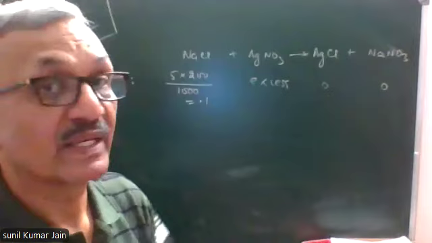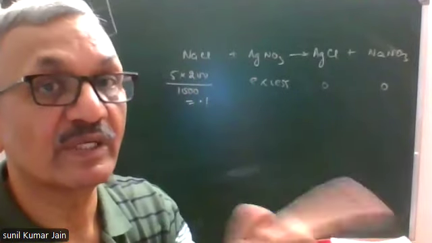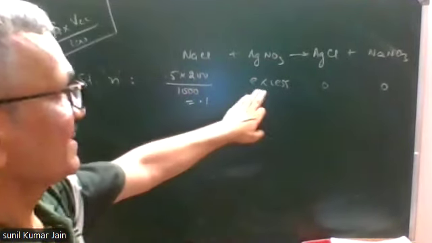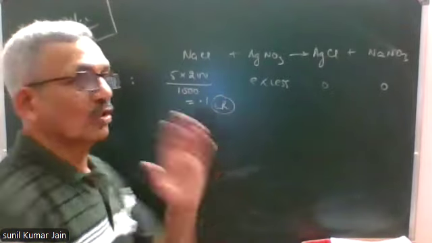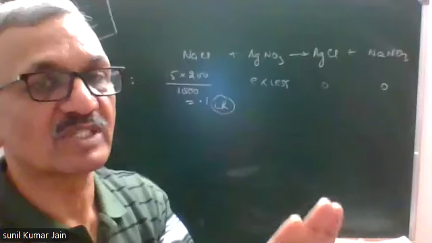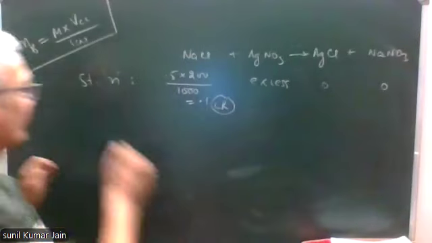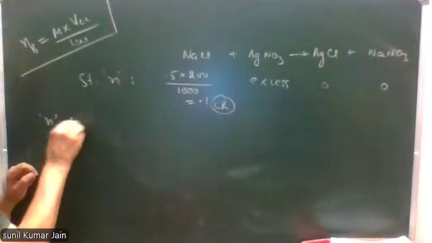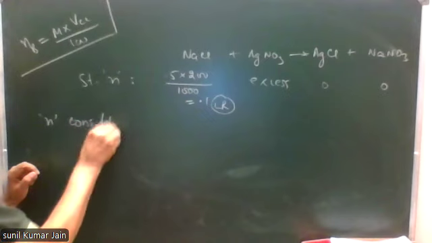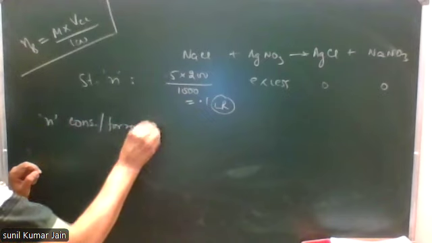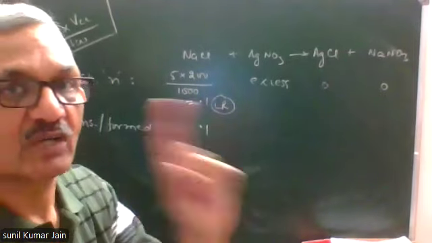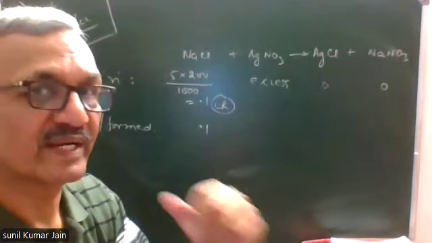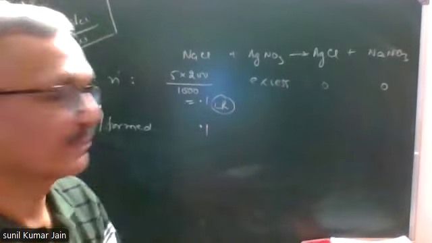Last time I told you about limiting reagent. Since AgNO3 is in excess, NaCl is the limiting reagent. So all calculations will be based on sodium chloride. Number of moles consumed and formed: since this is the limiting reagent, out of 0.1, the entire amount will be consumed.